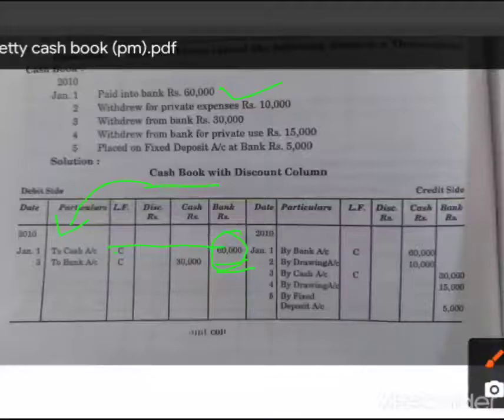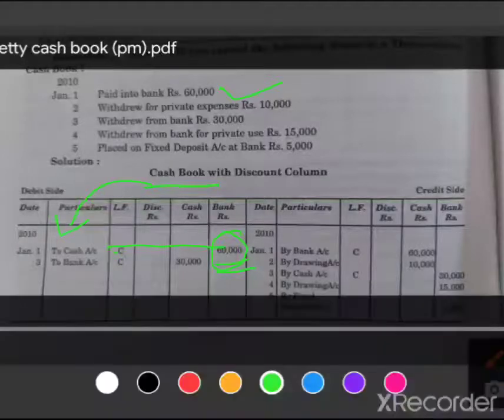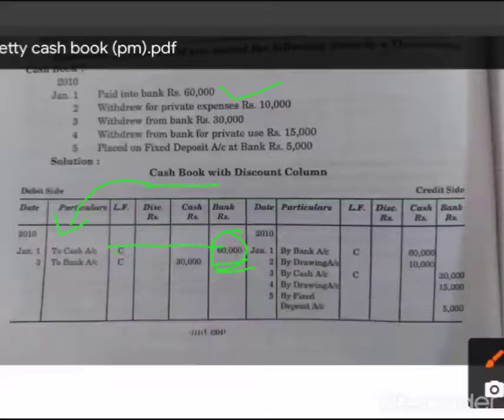At the same time you can see on the other side, on January 1st there is by bank. In the credit side you can see 60,000 in the cash column. It is the same transaction, the same amount is written.